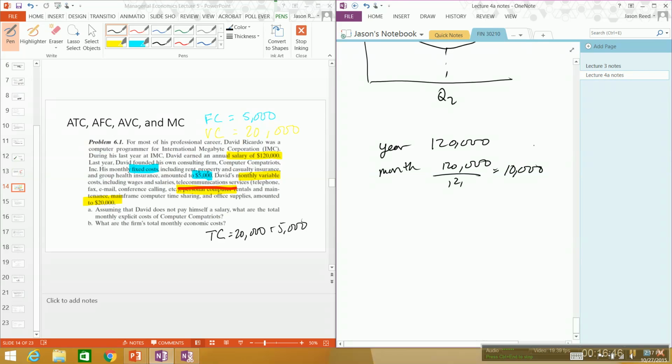So now we want to add that in, so that his economic costs are the total explicit costs plus the total implicit costs. And this is our economic costs. So we have 25,000 plus 10,000, and we get 35,000.